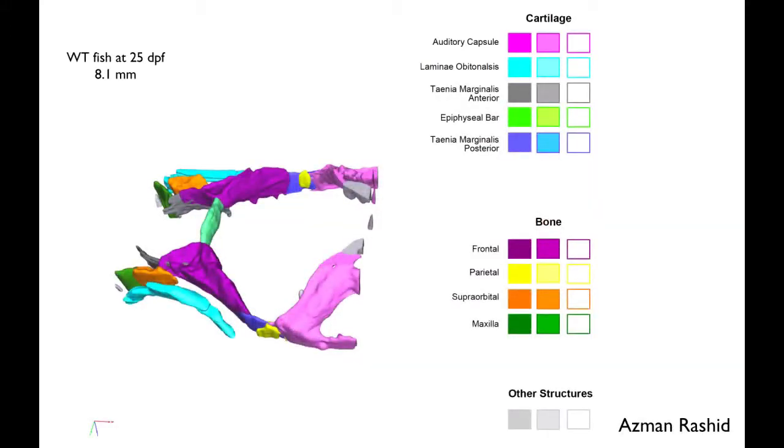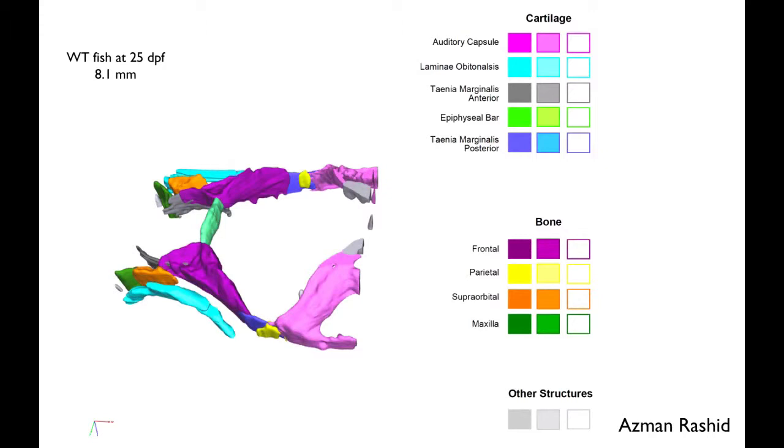So the first models were created by Osman in my lab based on the confocal imaging of cartilage and bone. He segmented all the structures from the confocal data and then assigned colors and annotated them. He then exported them into Acrobat and created interactive 3D PDFs.